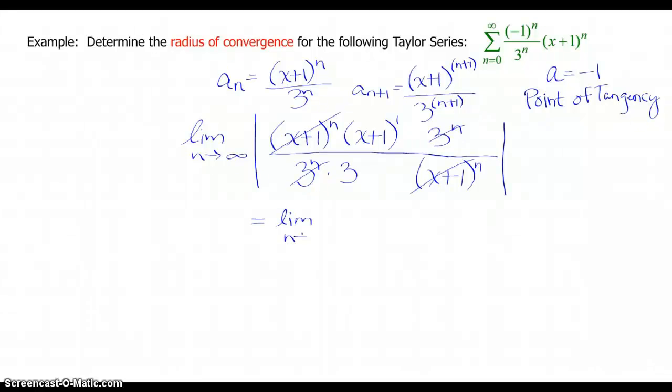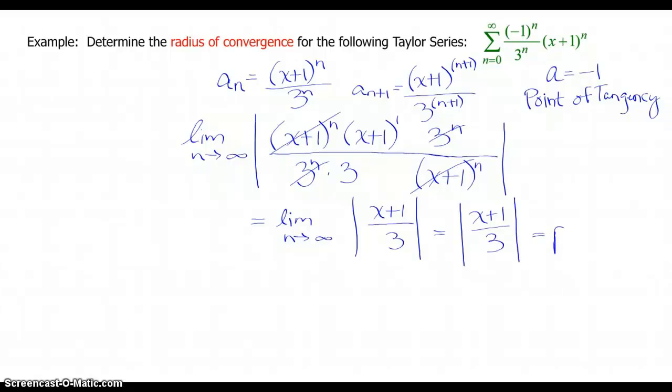Rewrite my limit. And remember that as far as n is concerned, this is a constant. This is my result from my limit. This is rho.